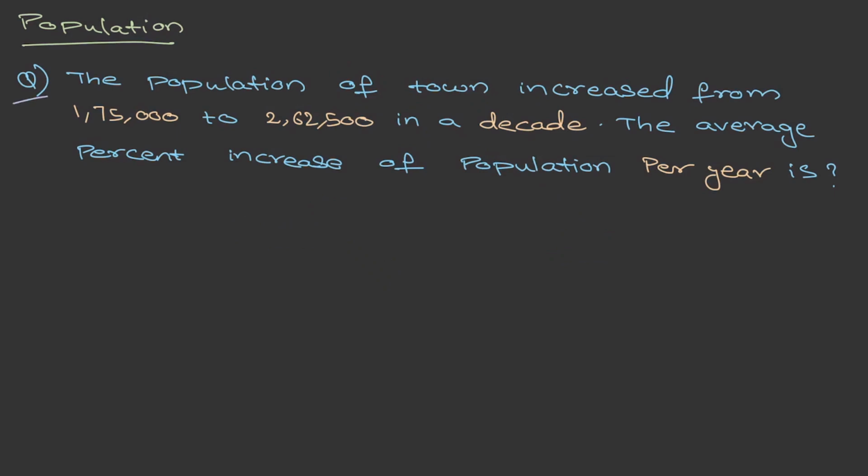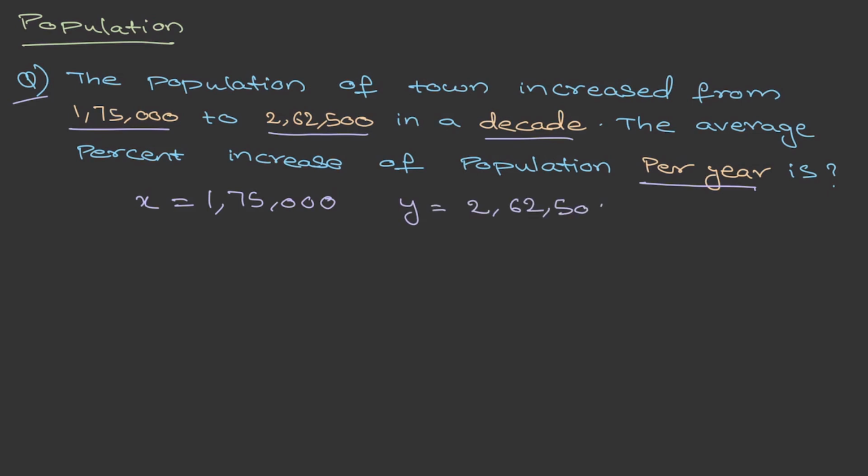Coming to this question: given the population of a town increased from 1,75,000 to 2,62,500 in a decade, find the average percent increase of population per year. So let X be the initial population, that is 1,75,000, and Y be the present population, 2,62,500.